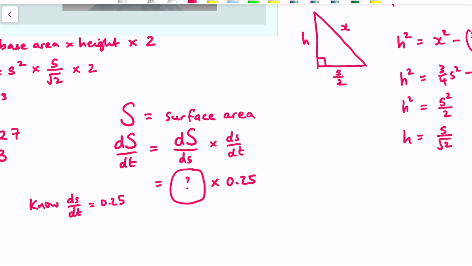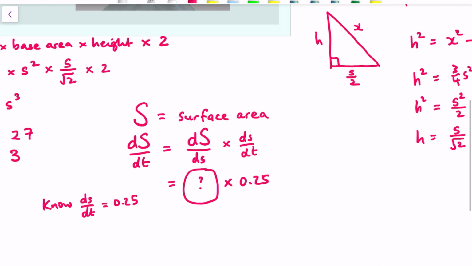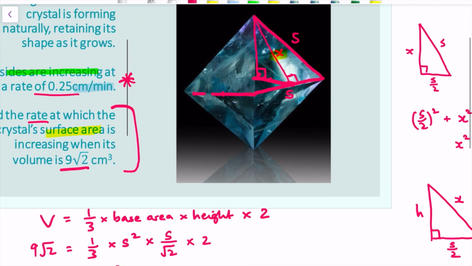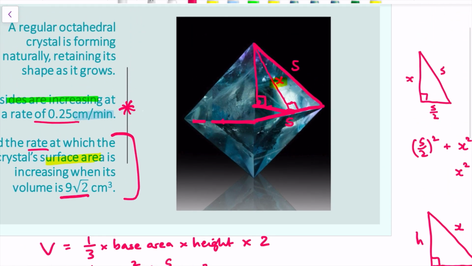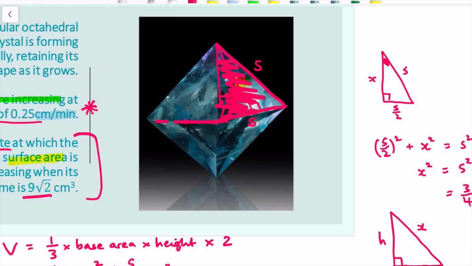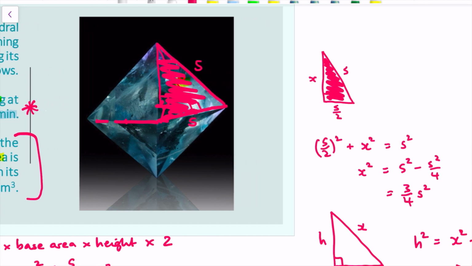So where have we got a surface area expression? Oh, we haven't yet, because we've just found the volume expression. So let's go back to our shape, and now we think of the surface area of the crystal. We've got 8 equilateral triangles, or 16 triangles like that, because that there was half of the face.